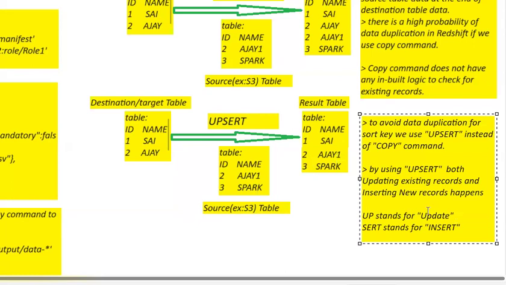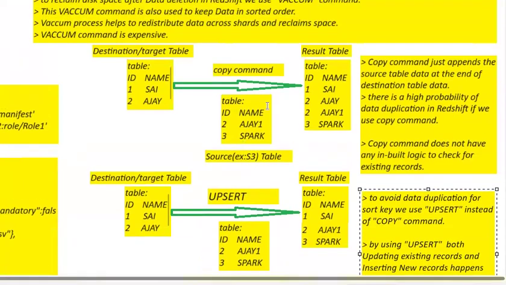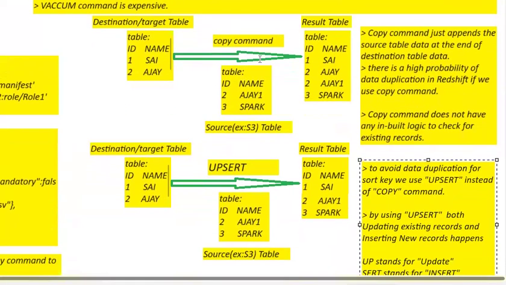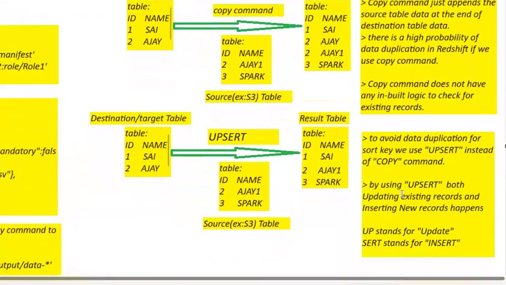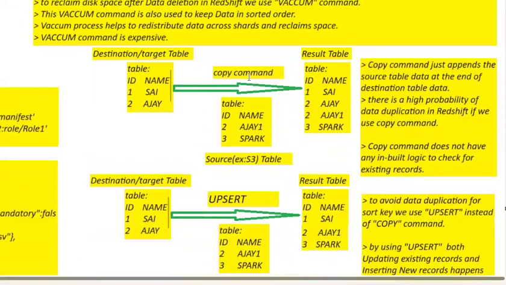UP stands for update, and SERT stands for insert. Since both are done by using upsert, we can go for upsert instead of the copy command. In order to avoid this duplication and do these two tasks, we go for upsert instead of copy commands.